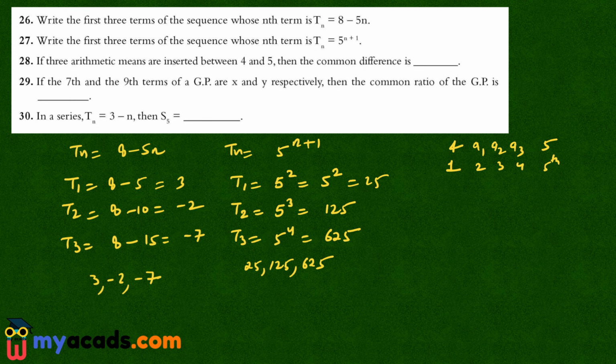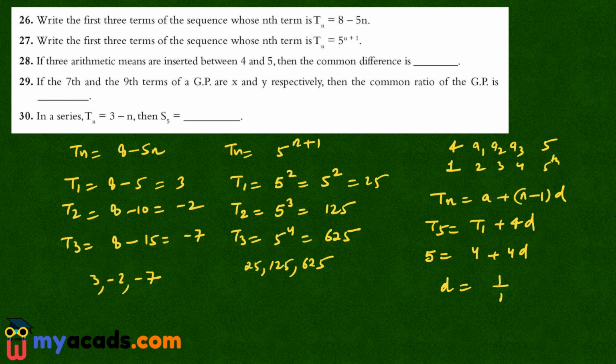Now since this is an AP, I know that the nth term is first term A plus n minus 1 into D. So here T fifth is T1 plus, n is 5, so 4 into D. So here T5 is 5, T1 is 4, it is 4D. So D is 1 by 4. So the common difference D is 1 by 4.